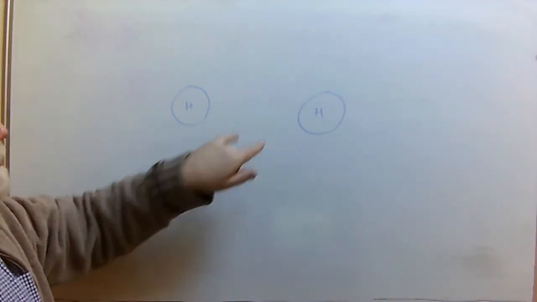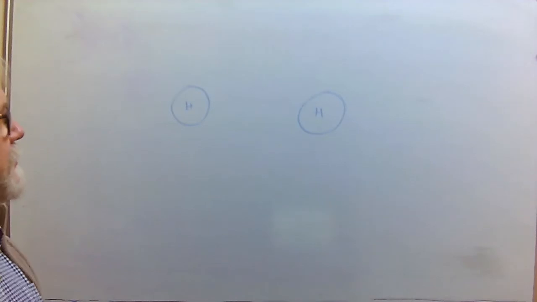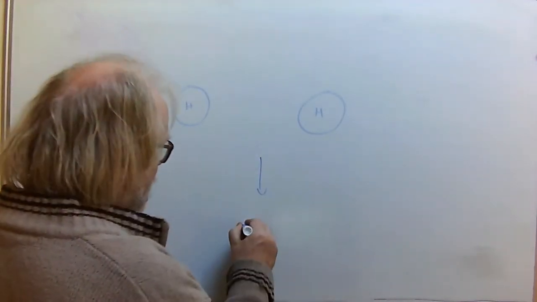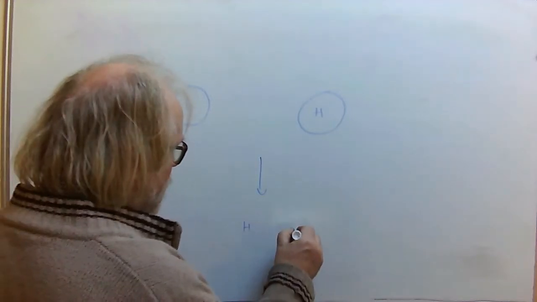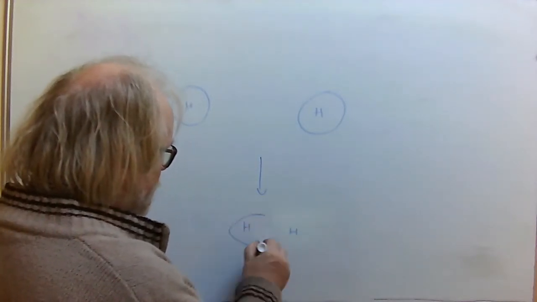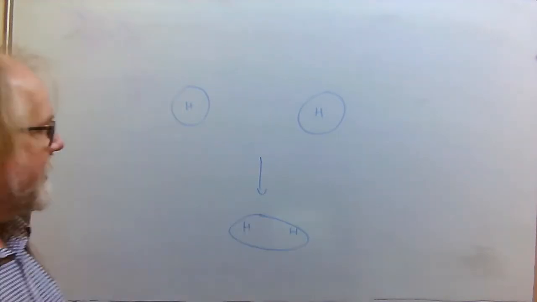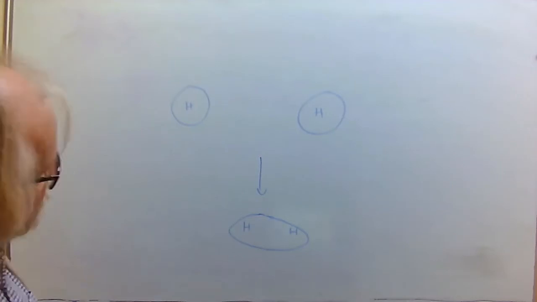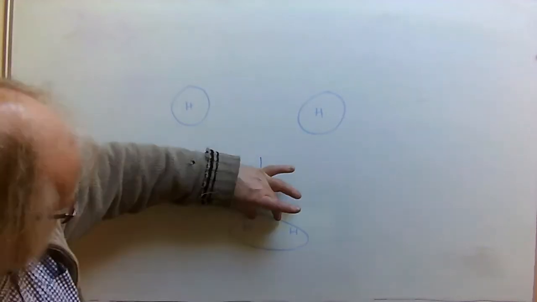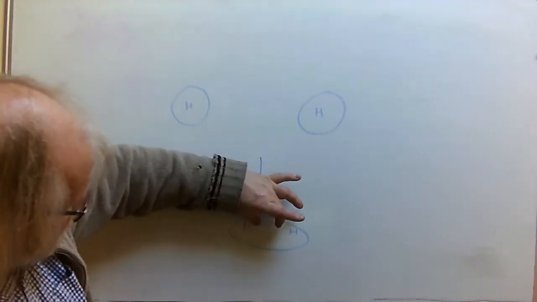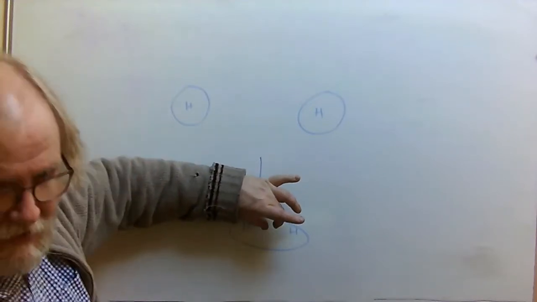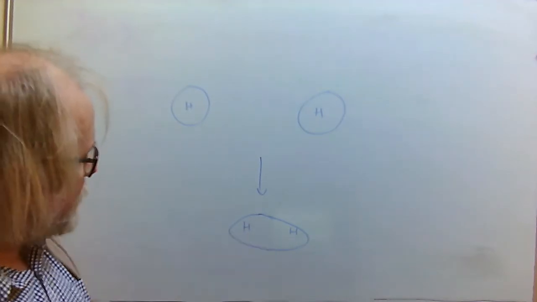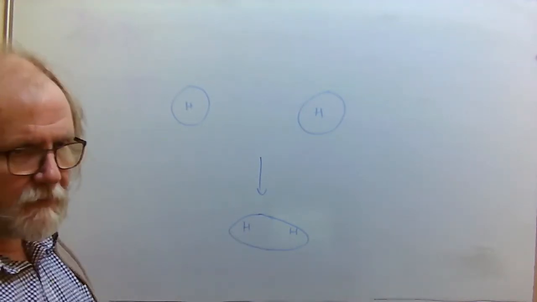So there is an attractive force between the two hydrogen nuclei, and we know that what we end up with eventually is a hydrogen molecule, which is going to look something like this in terms of its electron distribution in that sigma orbital. So the hydrogen atoms have come closer together, but they don't ever end up in the same place. They don't fuse together and become one. So there is a most favourable distance that they end up with.